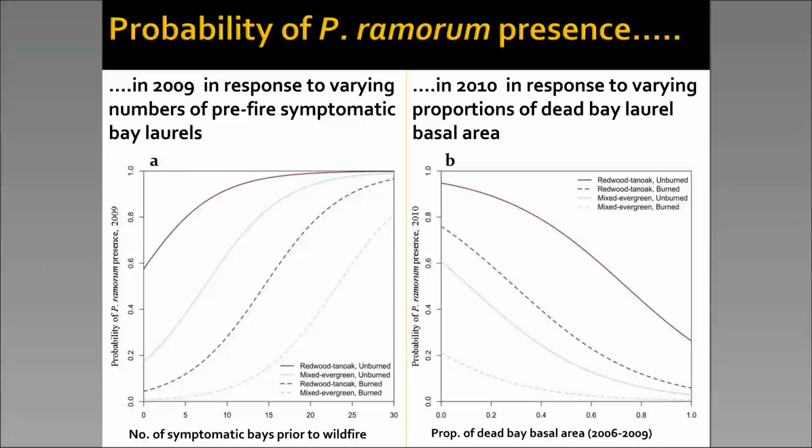And here, the two top lines, the solid red and the dashed red, indicate that those are in redwood tan oak forests. So here it's showing that there's always that increased probability of pathogen presence in that forest type as compared to the mixed evergreen forest type.